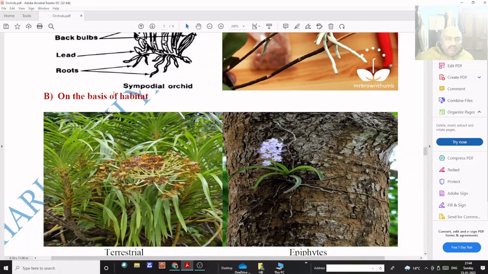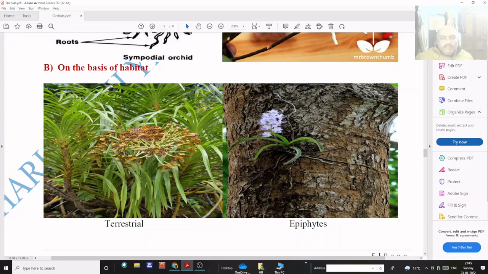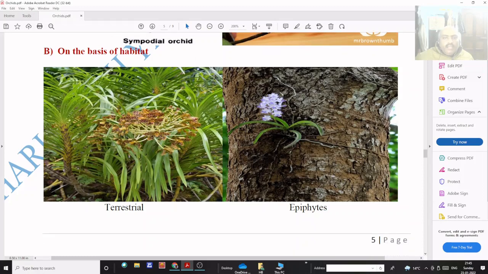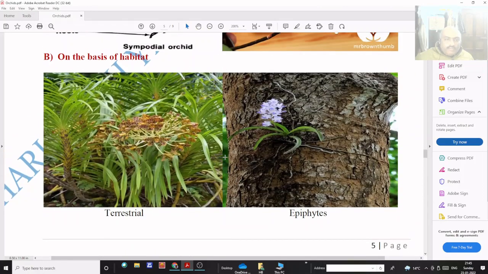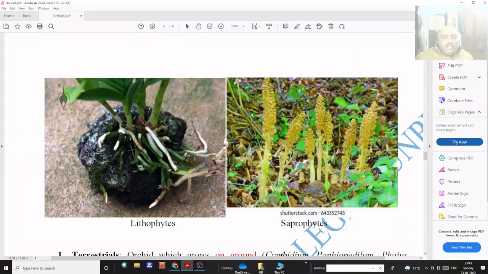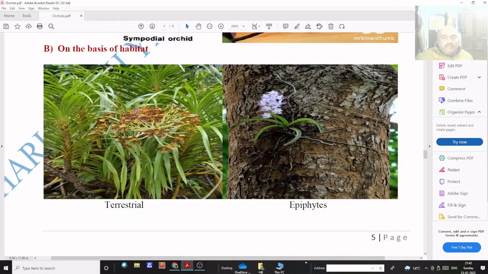Now, the second basis of classification is classification on the basis of habitat. Habitat means their living place. On the basis of habitat, orchids are classified into four types: terrestrial, epiphytes, lithophytes, and saprophytes.